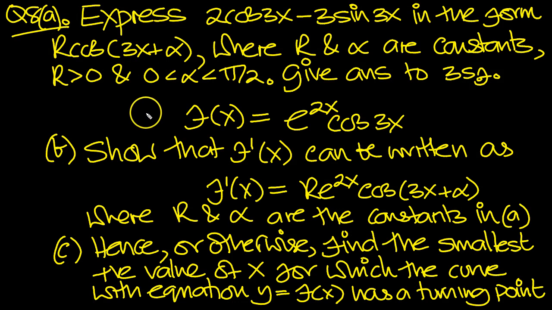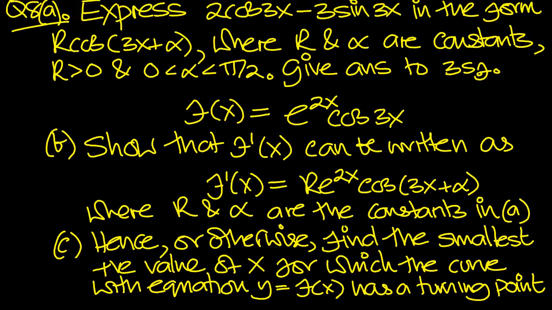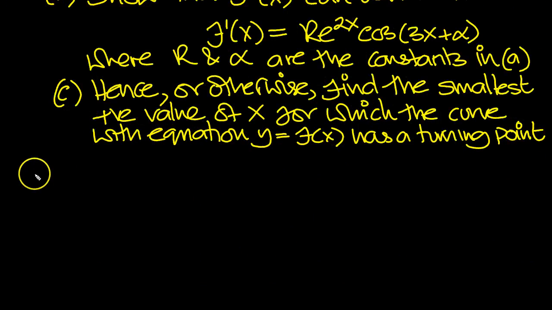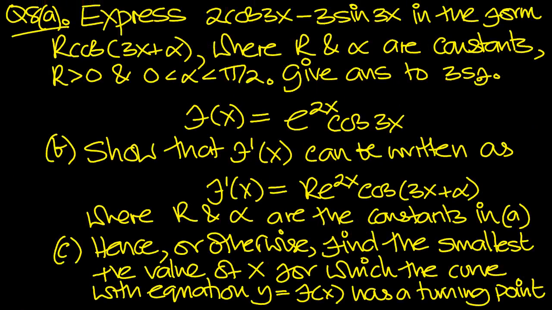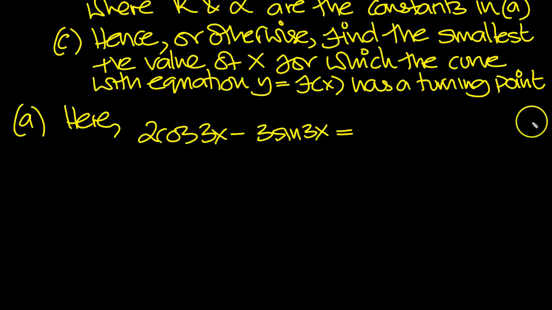So I've written it all out here. We need to write this in the form r cos of (3x plus alpha), so let's work that out. 2 cos 3x minus 3 sin 3x. So part A: 2 cosine 3x minus 3 sin 3x is equal to, and we're going to let it equal, r cosine of (3x plus alpha).